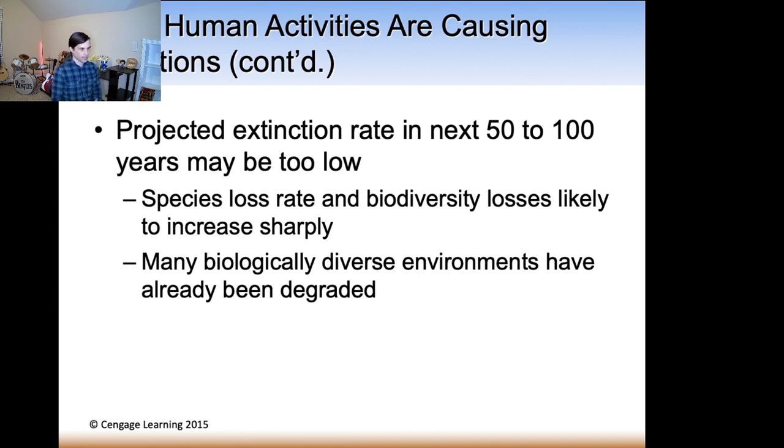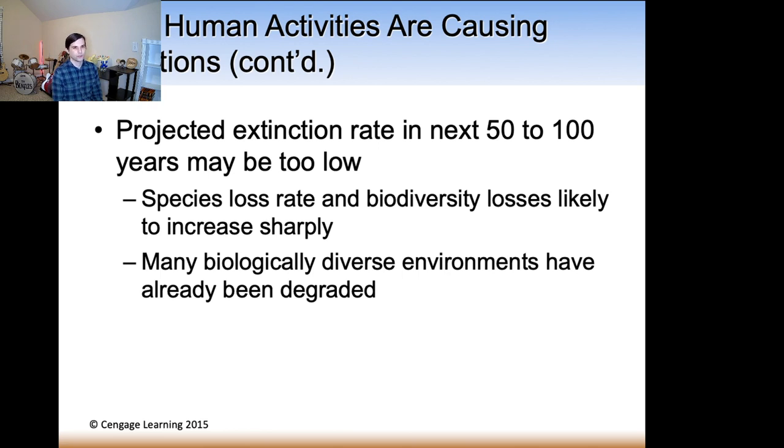It's already started, coral reef collapse, things like that. Also things like the rainforests that are vitally important for life on the earth in the sense of making oxygen for us. There are so many different types of organisms that live there. There's no telling what the plants that live there might do for medicine. A lot of these places have also been damaged to the point where there's nothing we can do to fix it.